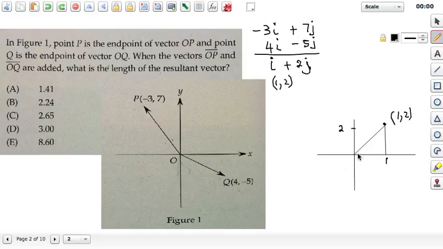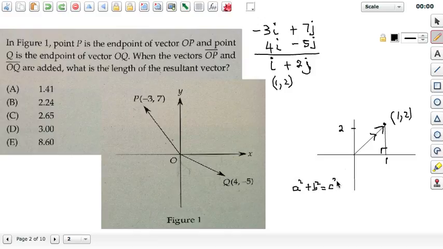Connect that from the origin all the way to that point, drop a perpendicular line, and then use Pythagoras to find the value of the resultant vector, which is what they're asking for, the length of the resultant vector. So that's my resultant vector. And it's simply Pythagoras theorem, a squared plus b squared is equal to c squared.